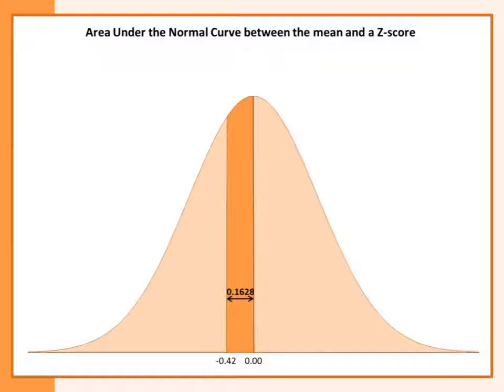Drawing our normal curve, we see the z-score of -0.42 falls to the left of the mean of 0, but not very far away. And the dark portion of the curve indicates the region that falls between 0 and -0.42, or 0.1628 proportion of the curve.